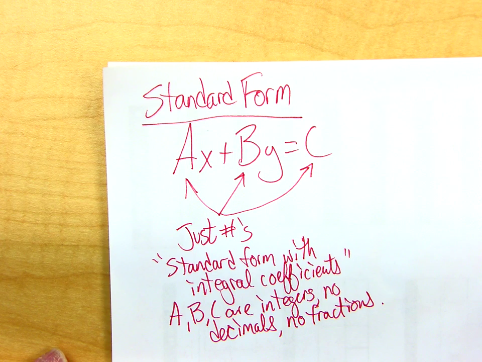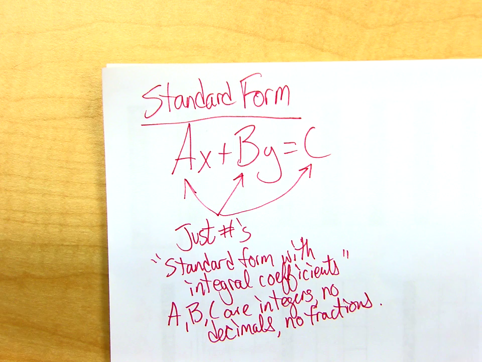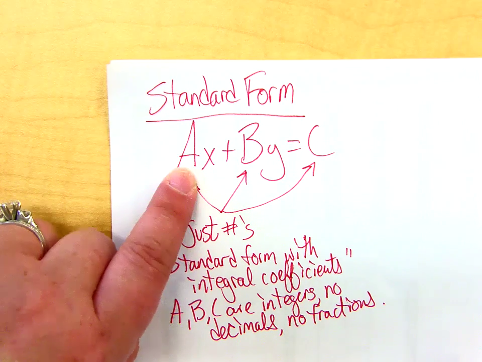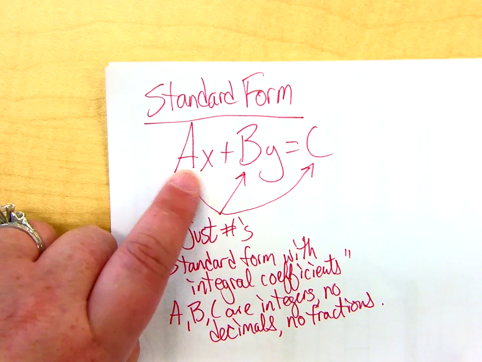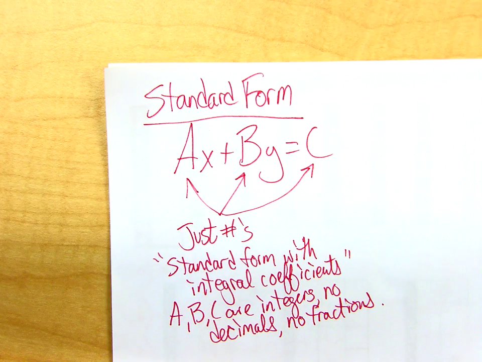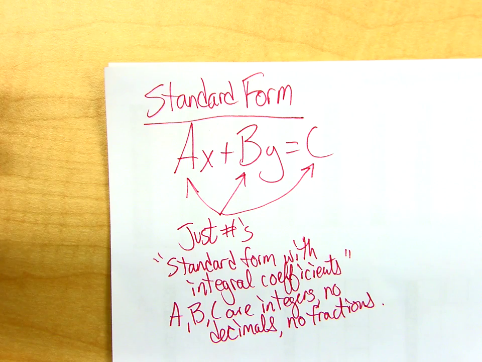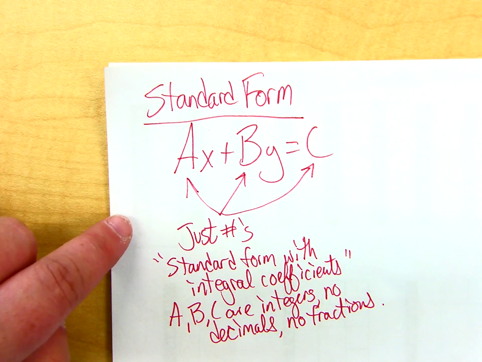And then this is a little confusing because depending on your teacher or textbook, some places force you to have A be a positive number. I don't personally care either way, but it's not a bad habit to get into because if you go up and take MCAS or SATs or something, they're probably going to have A be positive anyway.